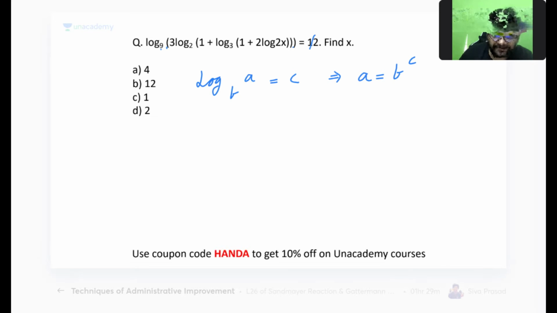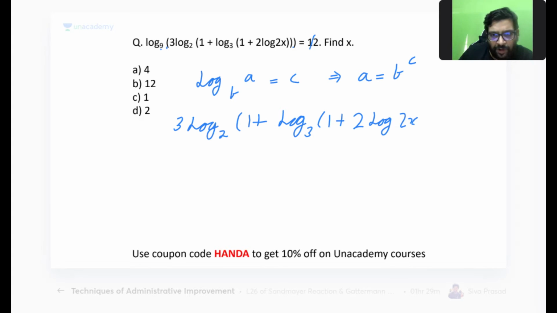That means a, or 3 log 2 into 1 plus log 3 into 1 plus 2 log 2x, is equal to 9 to the power half. How much is 9 to the power half? 9 to the power half is 3.